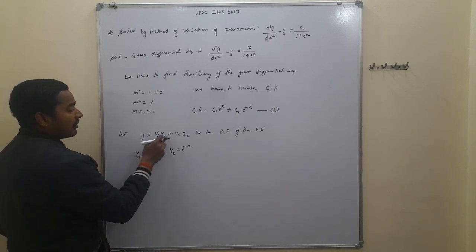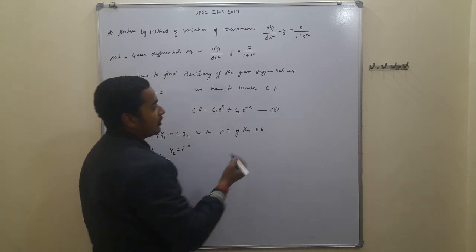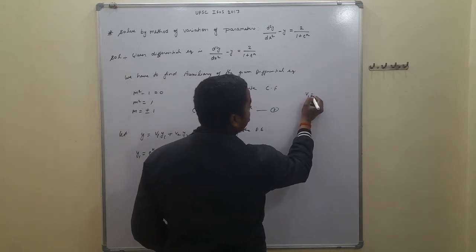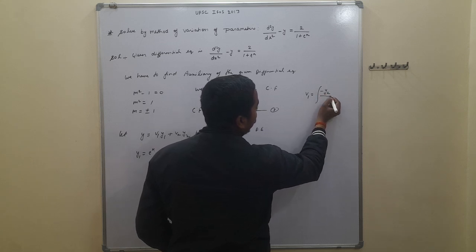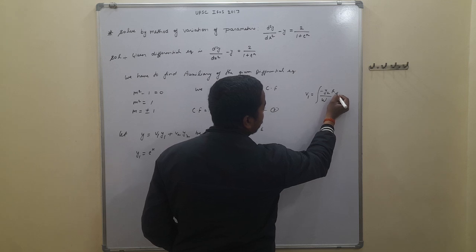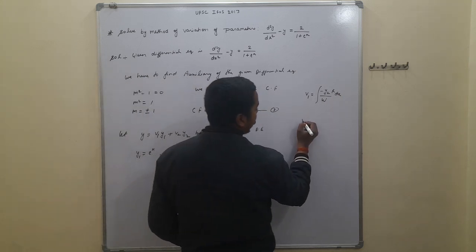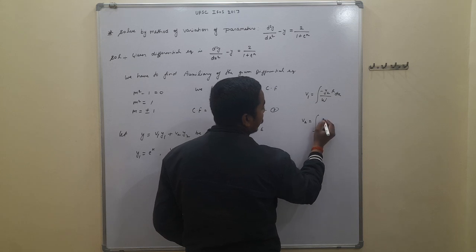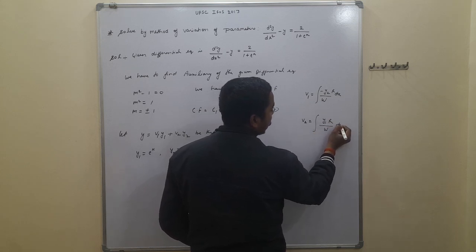We have to find v1 and v2. v1 is given by the integral of minus y2 r upon w dx, and v2 is given by the integral of y1 r upon w dx.